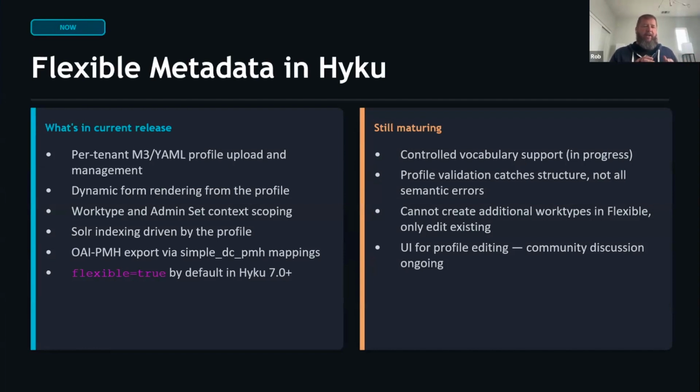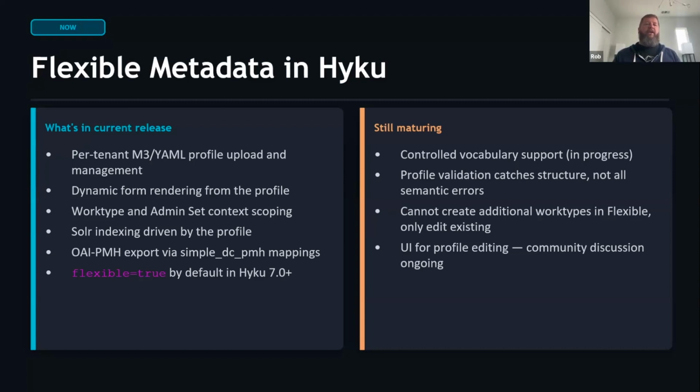There's currently the ability to upload YAML-based M3 profiles and use those profiles. All of the dynamic form rendering happens. It changes what you see when you edit, and what you see in the show view. It does give you some OAI-PMH from the simple DC mappings, and the indexing is driven by the profile.